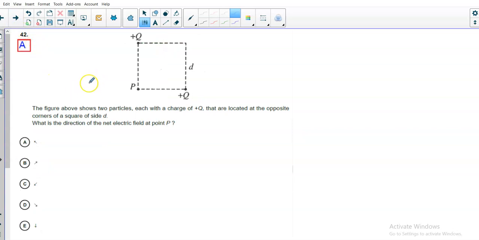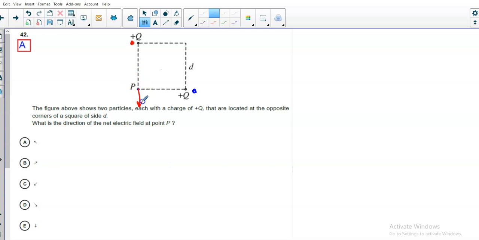The figure shows 2 particles, each with charge positive Q, that are located on opposite corners of a square of side D. What is the direction of the net electric field at point P? So now we're looking at field. So we'll go blue here and red here. Now the field by the red is going to be downward.